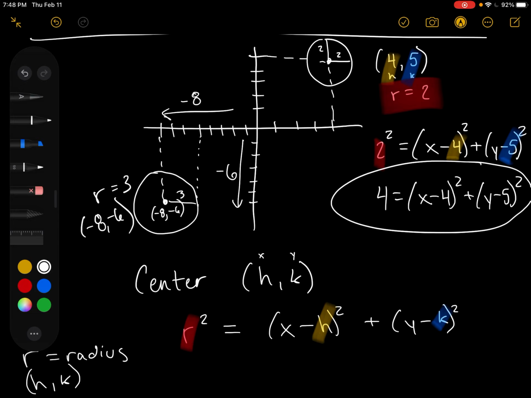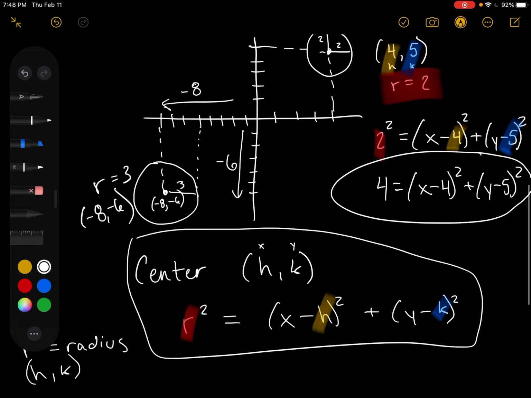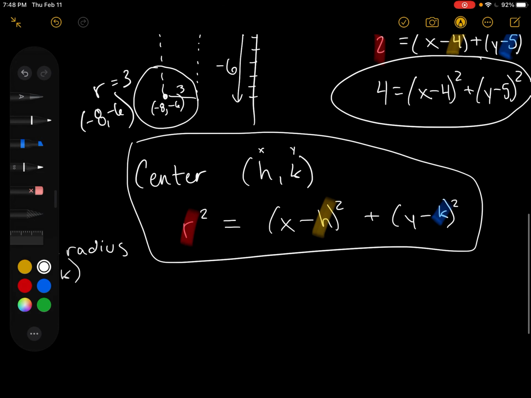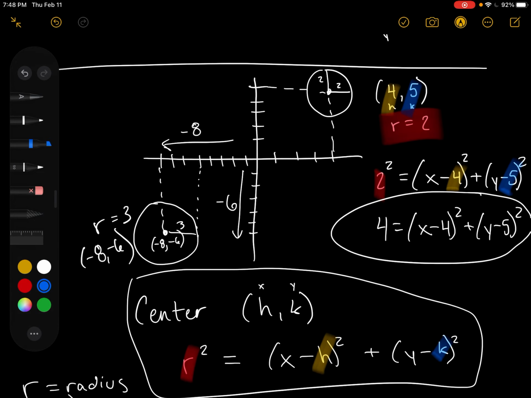So now we can put that into our form here. All right, so let's see the best place to do this. So maybe I'll do it right next to it here. Radius, h, and k. So radius squared equals x minus our h value.